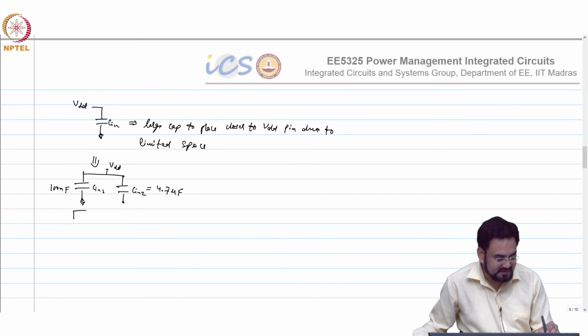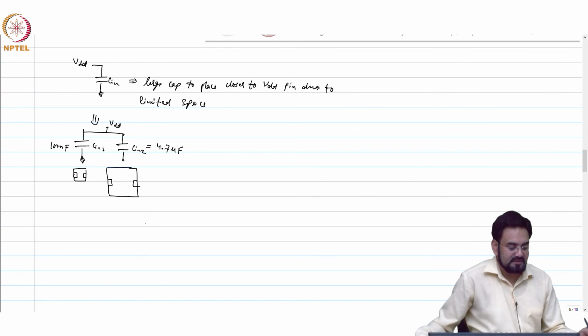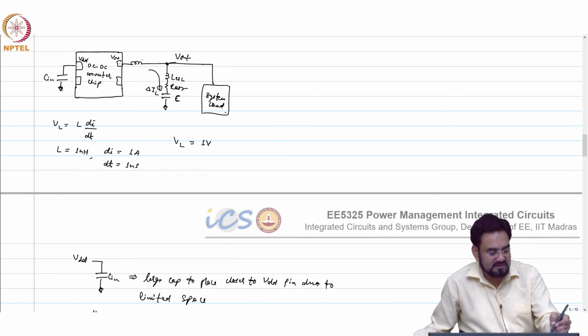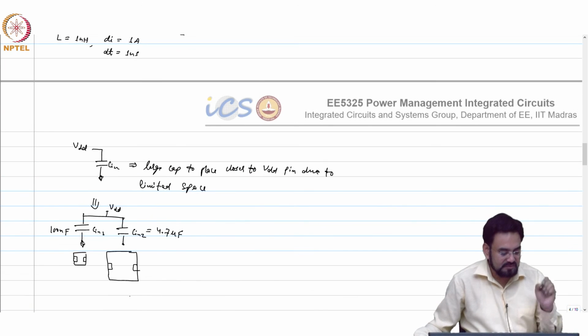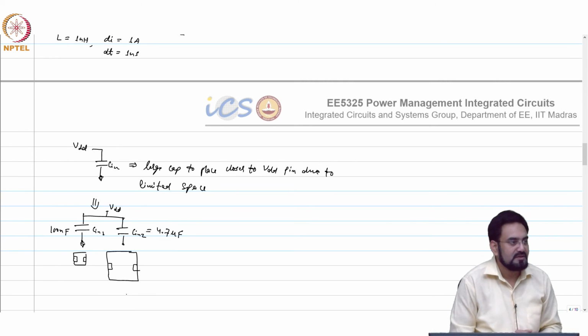If you compare the size, this may be this size and this guy will be this size. Okay, so this can be easily placed closer to the pin. So what you do, you first place a smaller cap and then next to that you put the bigger cap.